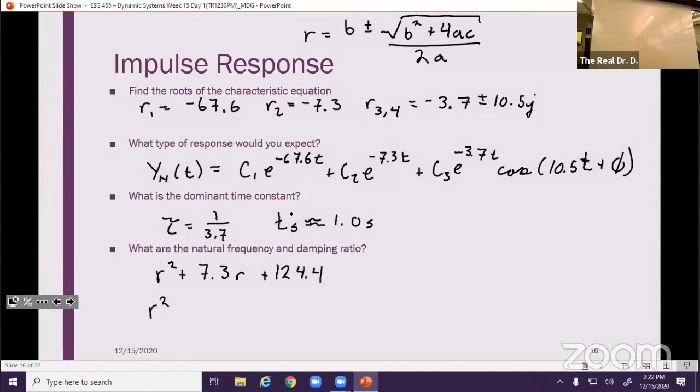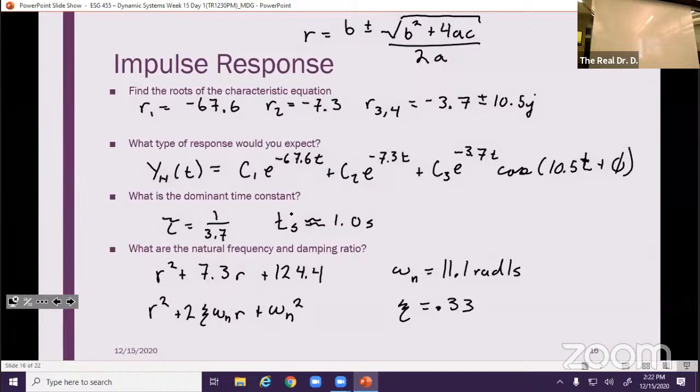In standard form, it's going to look like this. So omega n is 11.1 radians per second, and zeta can be solved to be roughly 0.33. Which is good news because we thought it was underdamped and it turns out that it is.